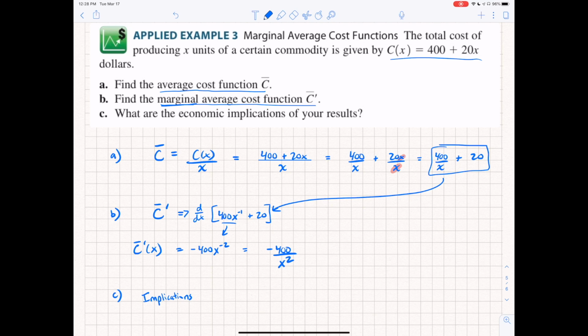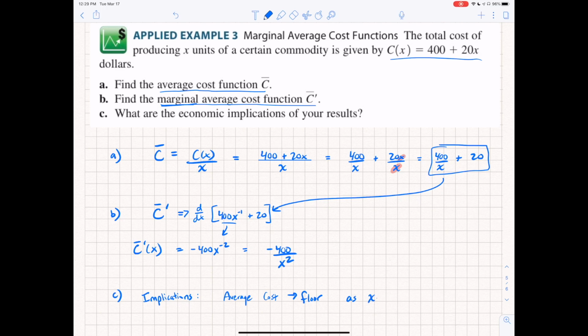Okay, so one of the first major implications is to go back and look at the average cost function, what we got in part A. And I want you to notice that for my average cost, there is a floor to how much this will cost us for our production.